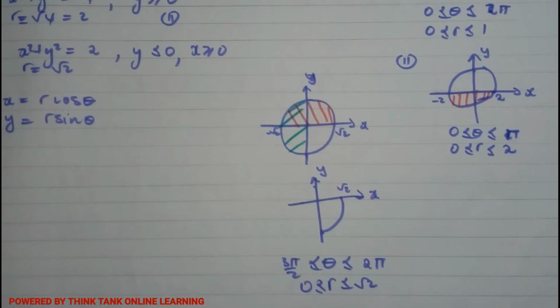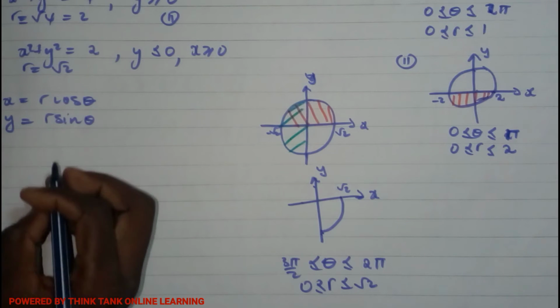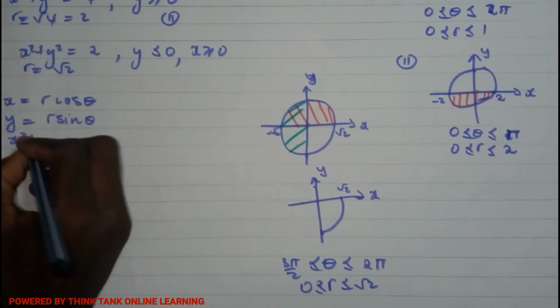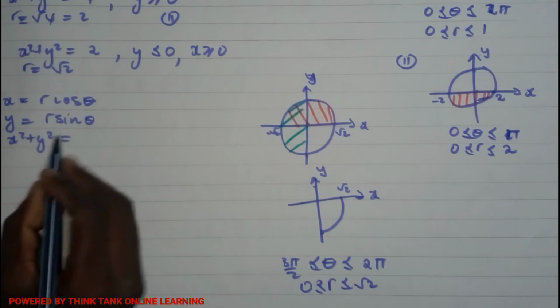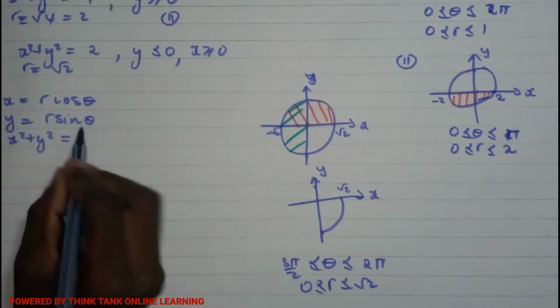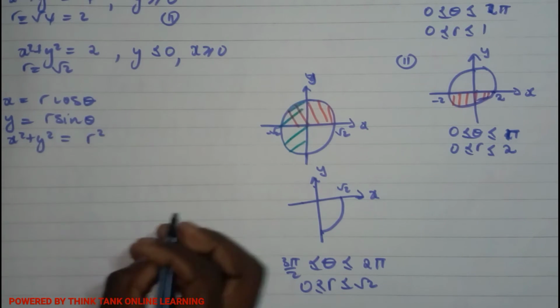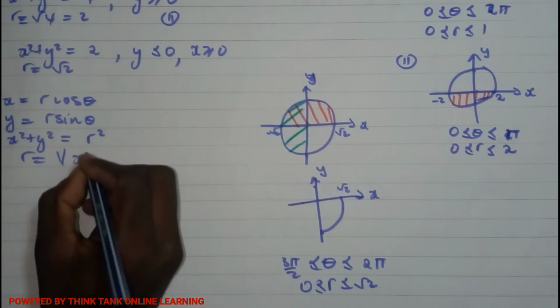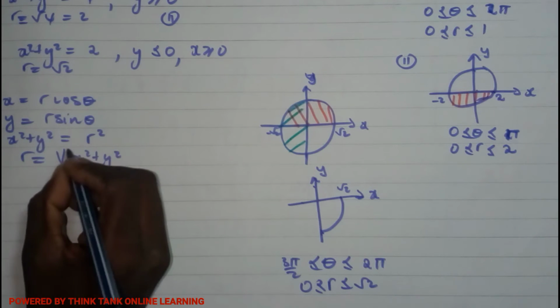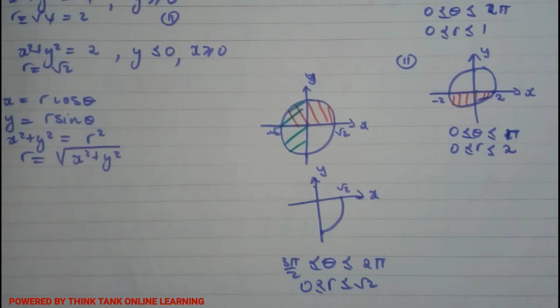So if we say x squared plus y squared, we get r squared cos squared theta plus r squared sin squared theta, and that is equal to r squared. That means r is equal to the square root of x squared plus y squared. Each and every time we see x squared plus y squared, just think of r.